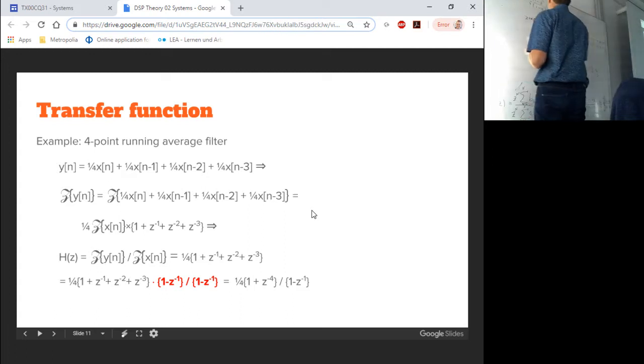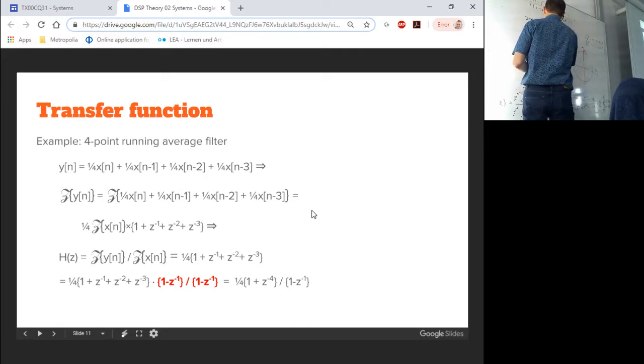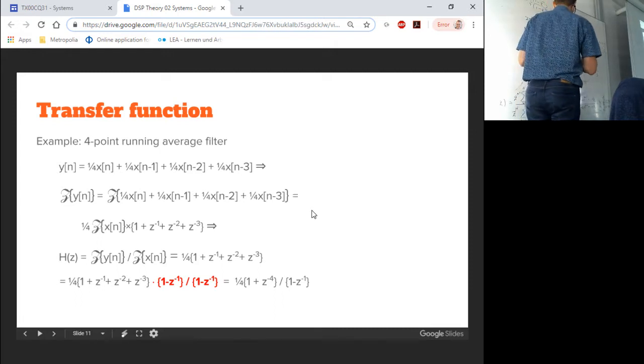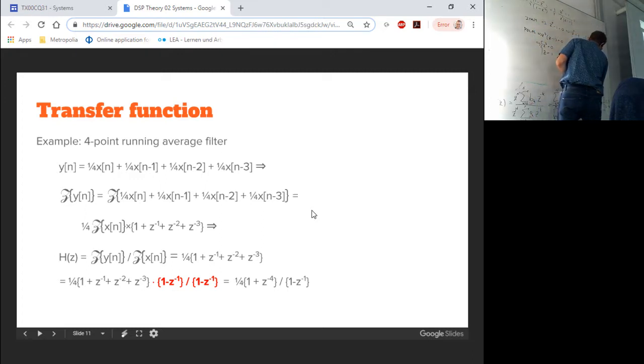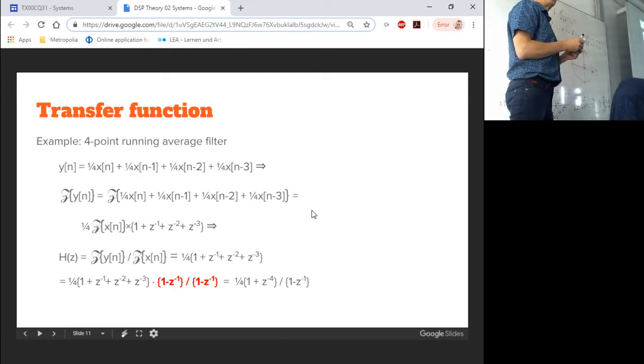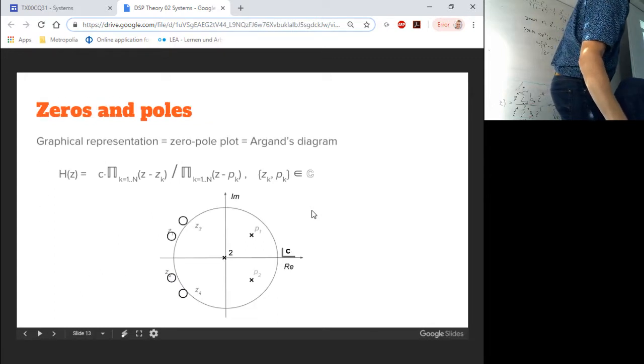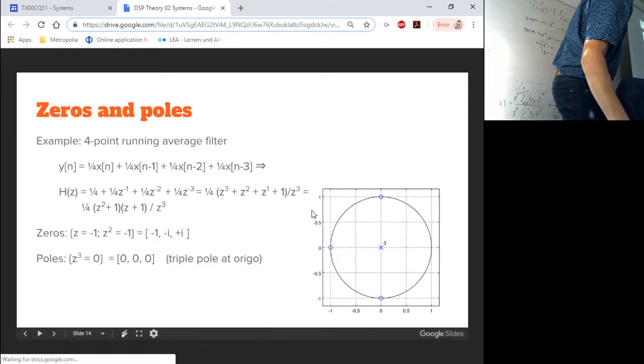Poles: z to the power 3 times z minus 1 equals 0, means that either z to the power of 3 is 0, which means that I have a triple pole at the origin still in here, or z equals 1. So we have a pole also there at the same place as we had a zero, which makes sense when you're looking at that one.